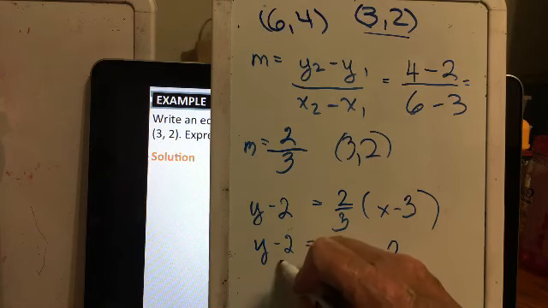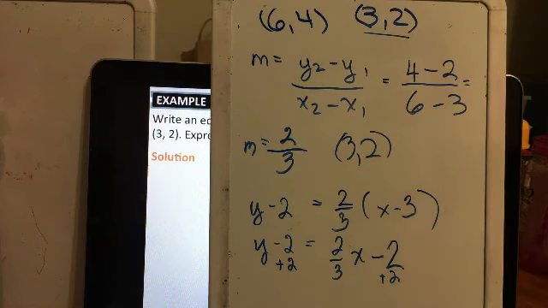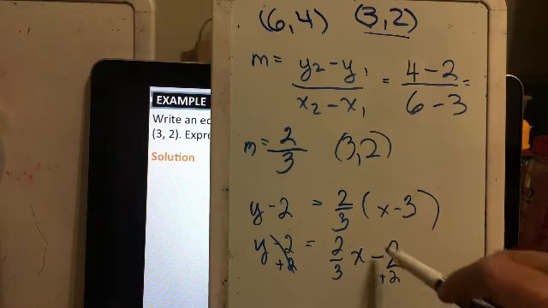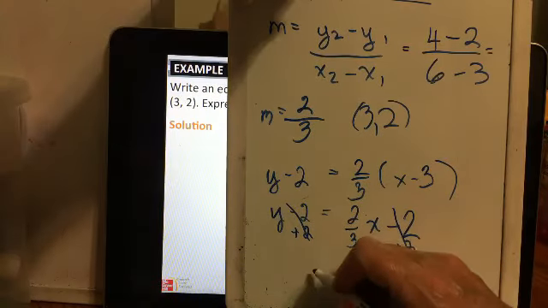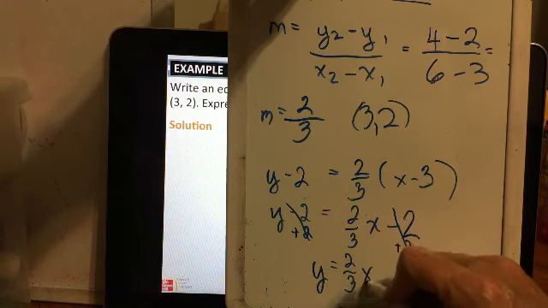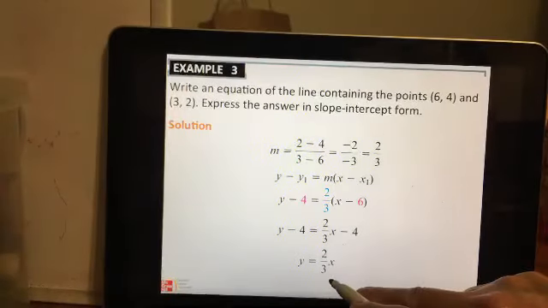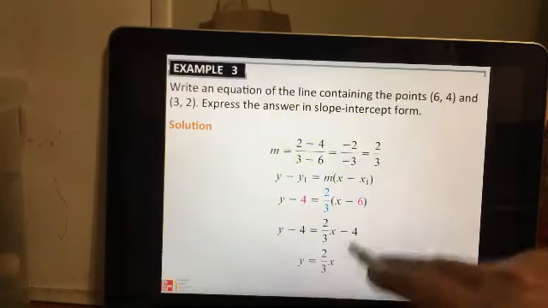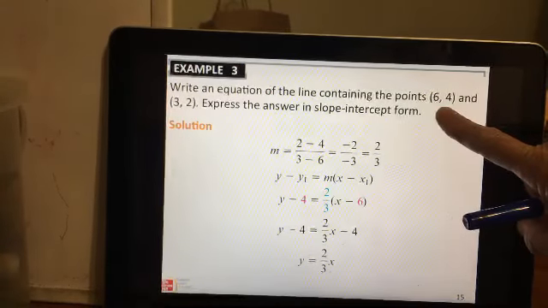I'm going to add a 2, and I'm going to add a 2 on the other side. Always do the same thing to both sides. So my -2 and my +2 will cancel, and I will be left with y is 2/3 x. Now let's look at what they got. y is 2/3 x.